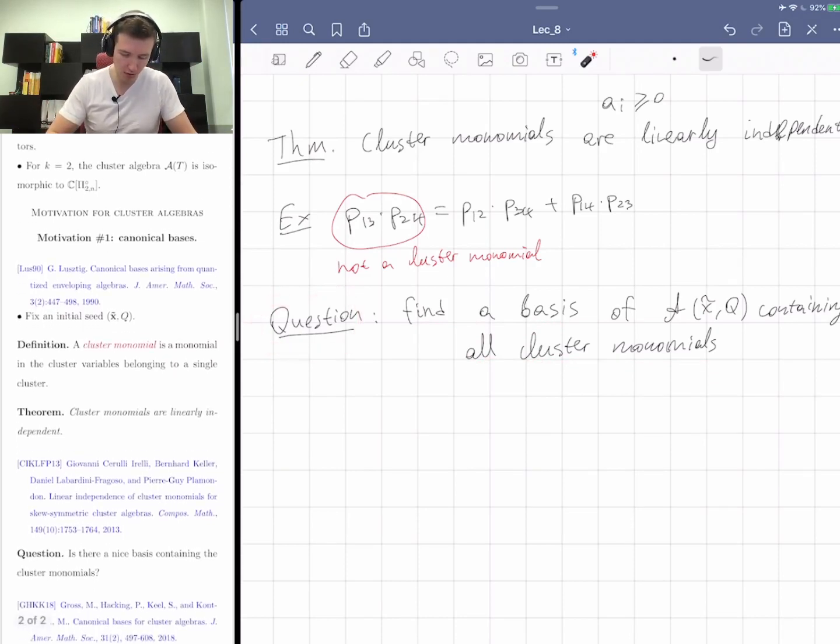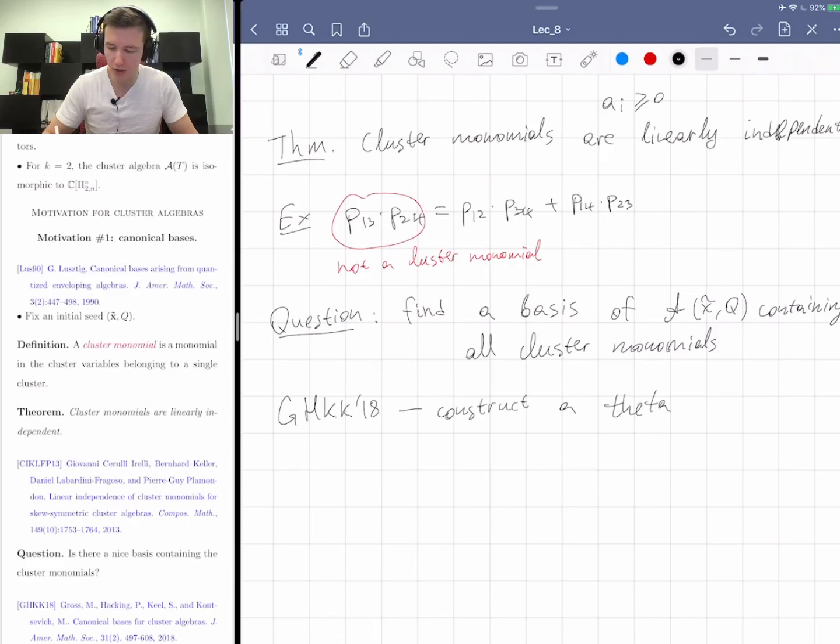So here I mentioned some other paper, and the one that has appeared in these lectures before. These Gross, Hacking, Keel, and Kontsevich, GHKK 18, they construct what is known as a theta basis, which I'm not going to explain. Anyway, the point is that everything is non-clear in this.